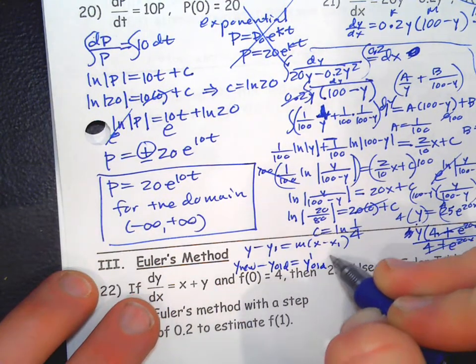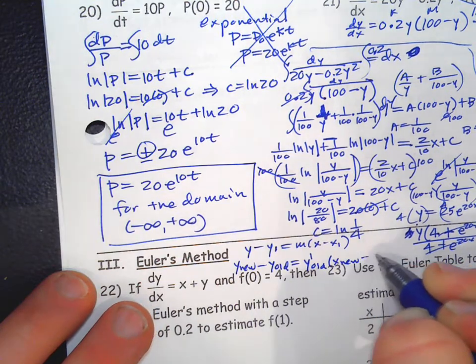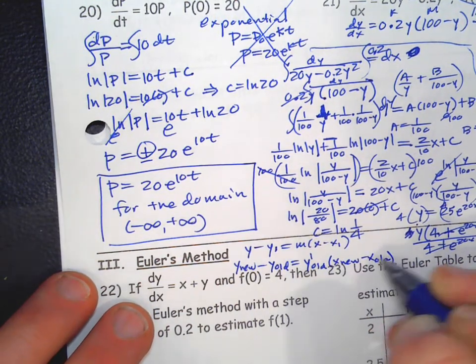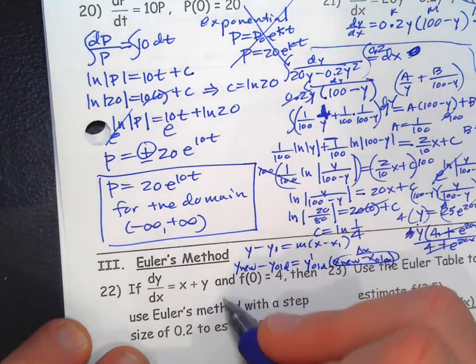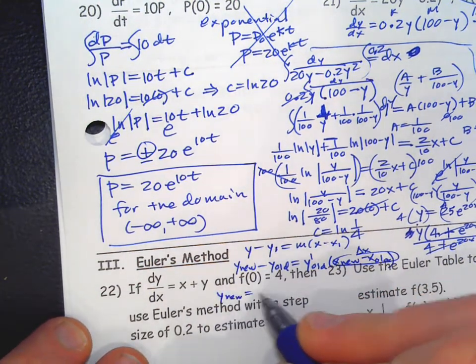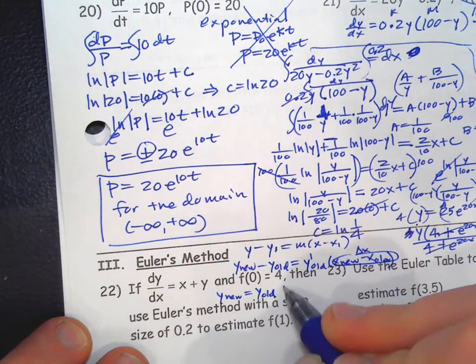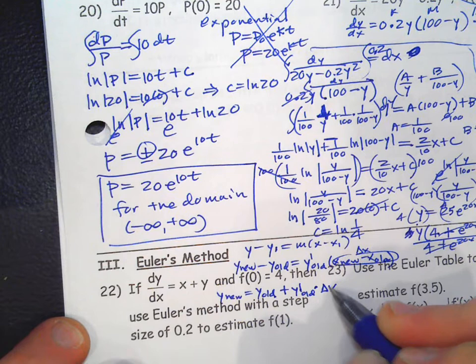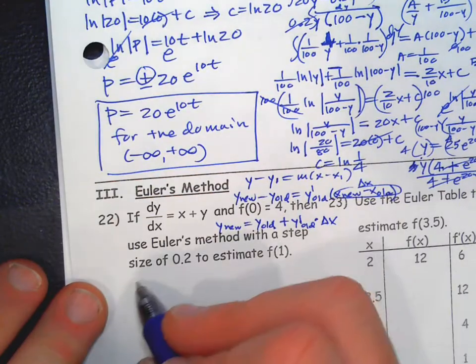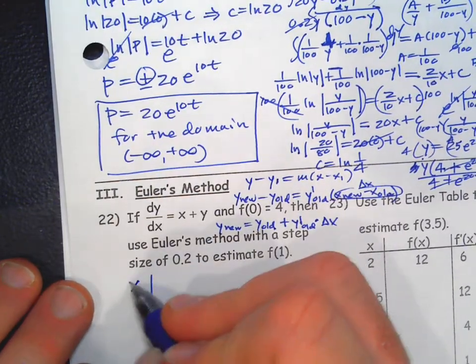And then x new minus x old is your delta x. So y new equals y old plus y prime old times delta x. So that's the formula. And then you can make a table that kind of organizes that.